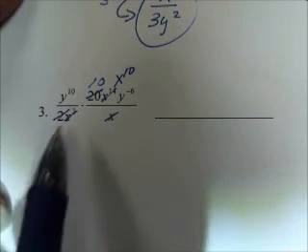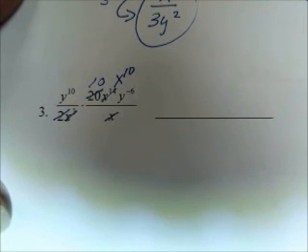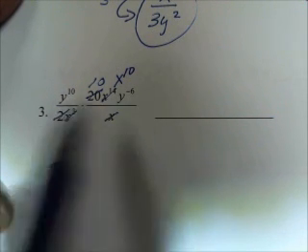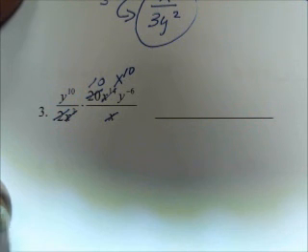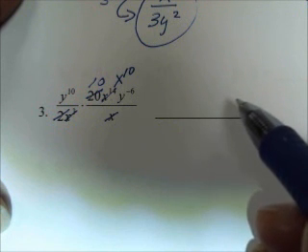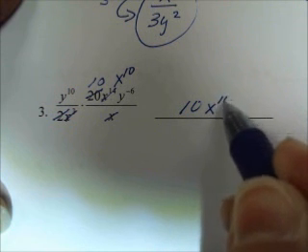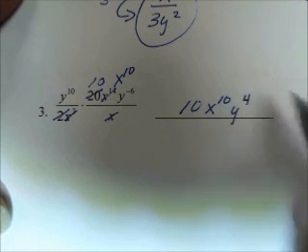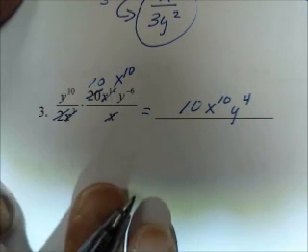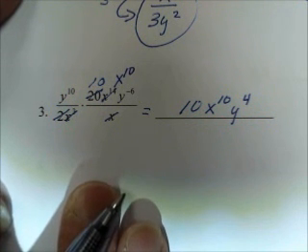And then for my y's, I have y to the 10th times a y to the negative 6 in the numerator. When I'm multiplying, the rule is to add the exponents, so that would equal y to the fourth. So I have 10 x to the 10th, y to the fourth. But again, there are many different approaches to this. There are other ways of doing that that are correct.